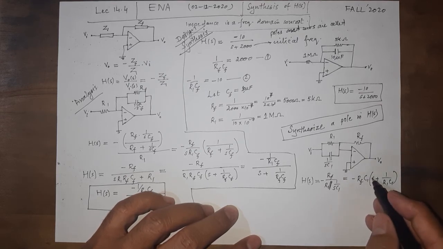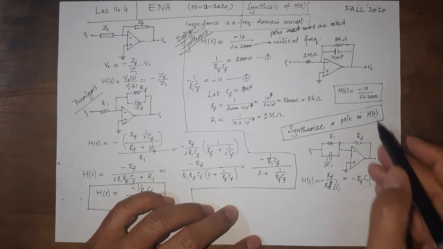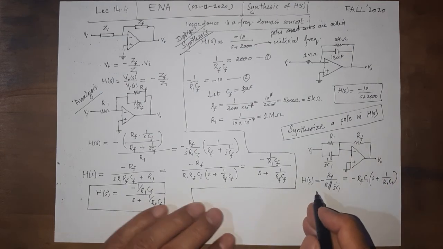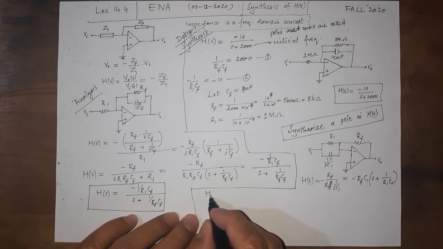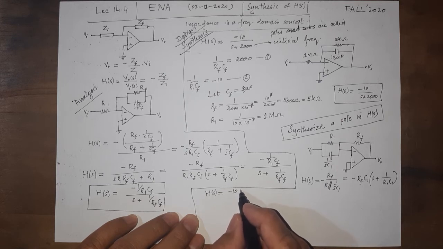So here this term S plus something is in the numerator. Here this term S plus something was in the denominator. Here it is in the numerator. So if now someone says, okay, make me a circuit, say that is H of S equals minus 10 into (S plus 2000).